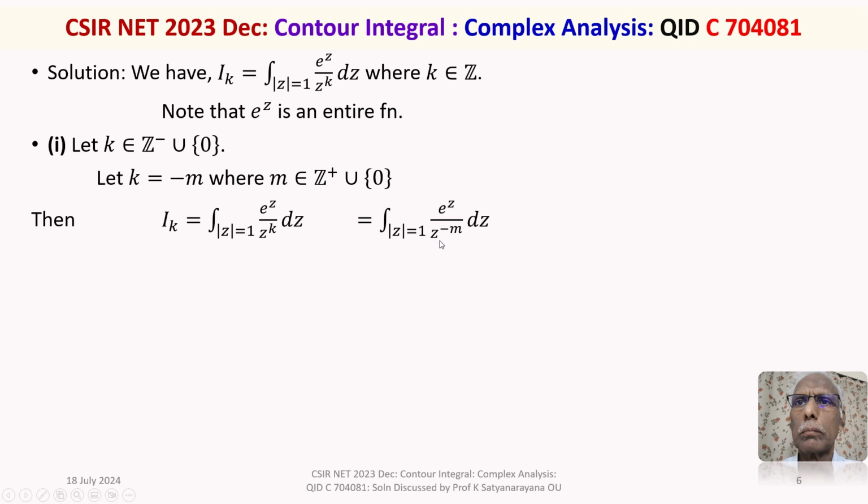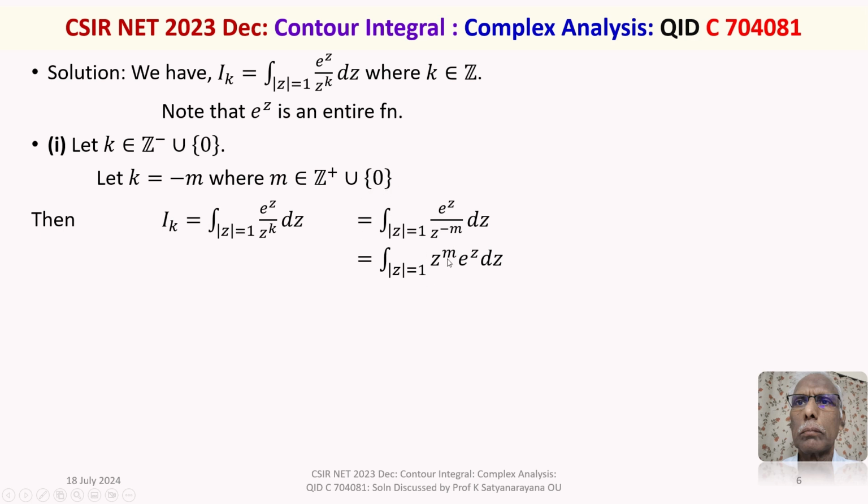And now this will be equal to the integral taken round |z| = 1 of z^m into e^z dz, where m belongs to Z plus union the singleton 0.